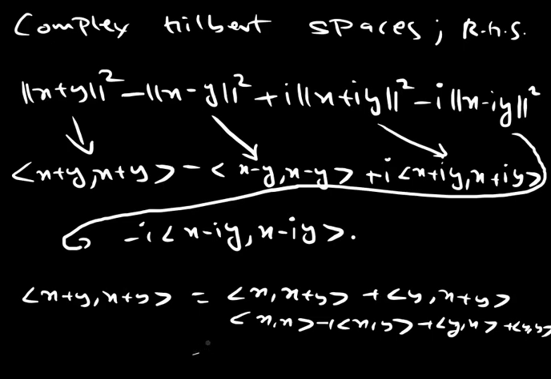This is norm of x square plus the inner product of x with y plus the inner product of y with x plus norm of y square.